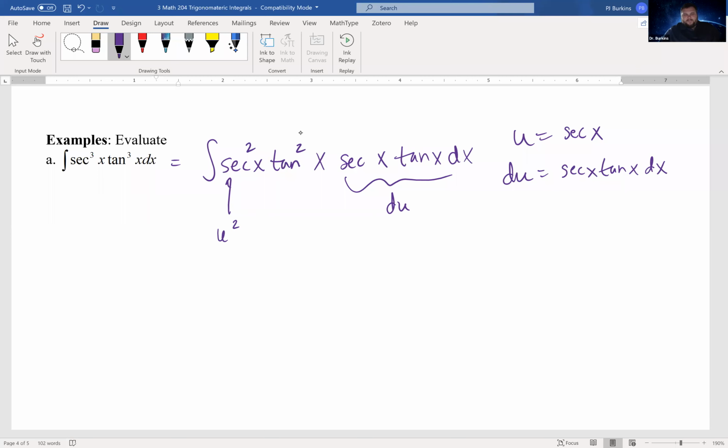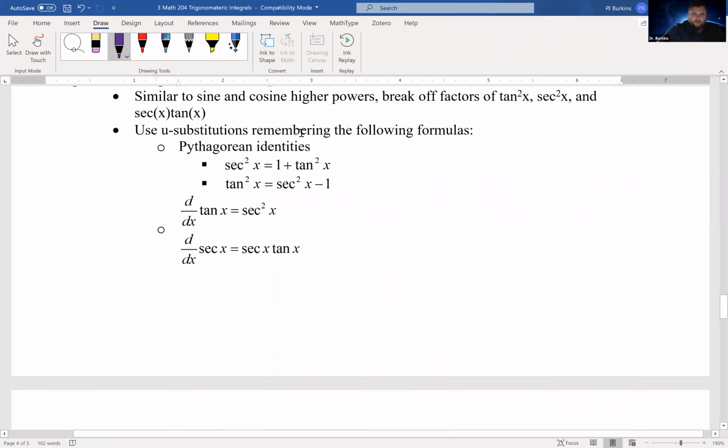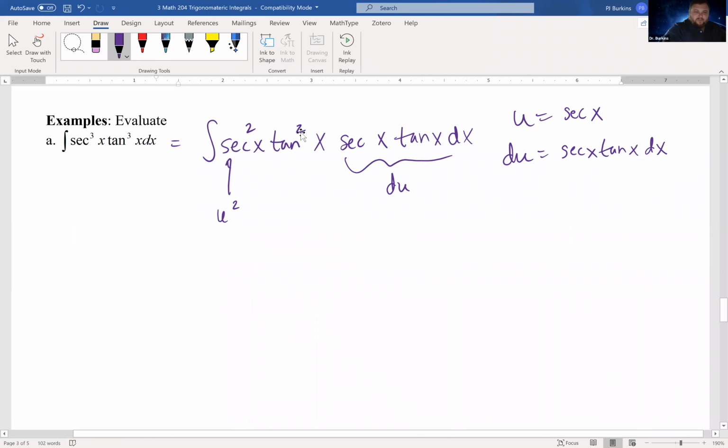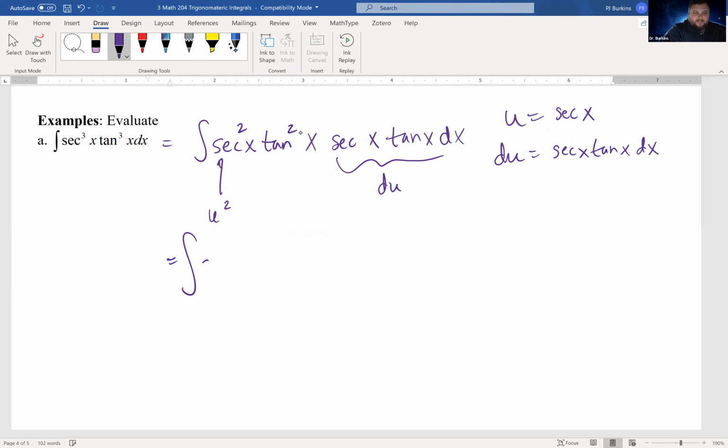Well, I've also got this tan squared lying around. However, going back up here, tan squared can be rewritten as secant squared minus 1. So I can come back to this problem, and I can replace my tan squared with secant squared minus 1.